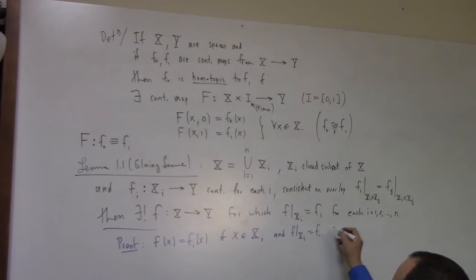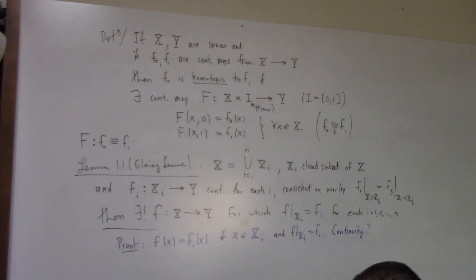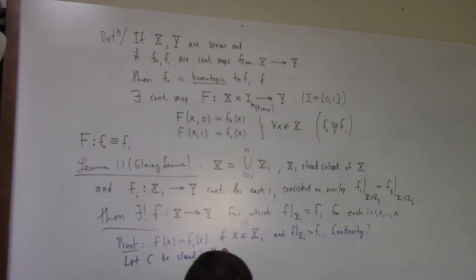So continuity is what we worry about, right? He says if C is a closed set in Y, so C is a closed set in Y. Then if you look at f inverse of C, that's equal to X intersect f inverse of C. Well, that's kind of tautological, isn't it?